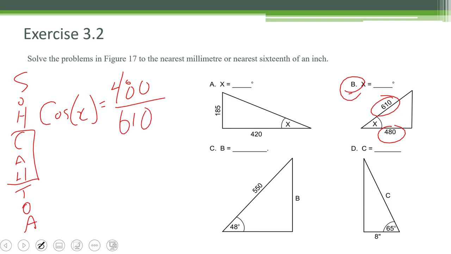So I just go 480 divided by 610 equals shift cos, and I should get 38.1046 something or other. I'll just say 38 degrees.